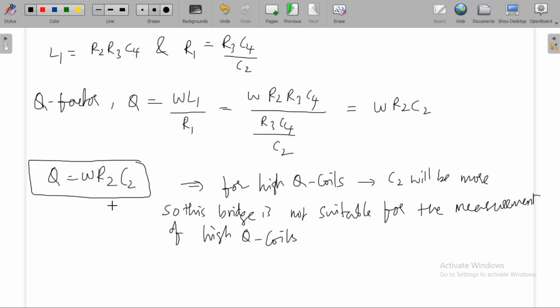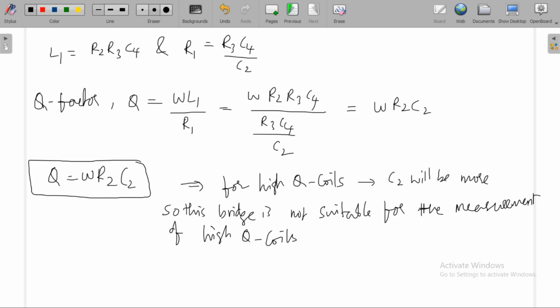And the variable capacitor is very much expensive. Coming to R2, the required value of R2 will also be more in order to measure high Q coils.